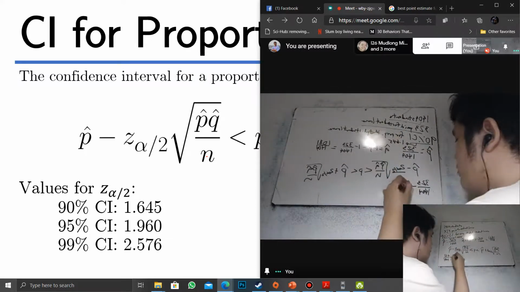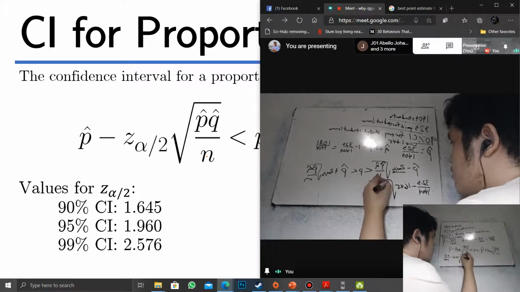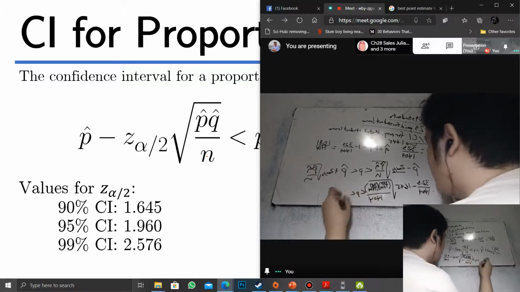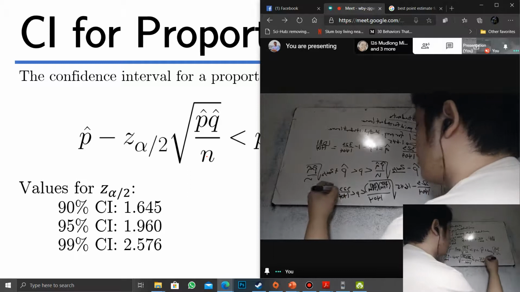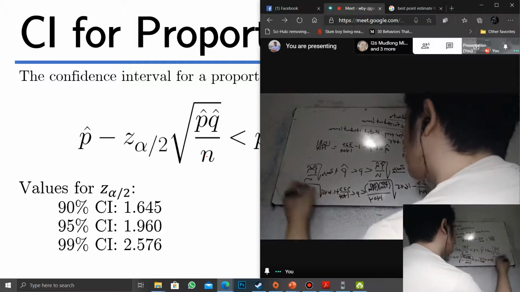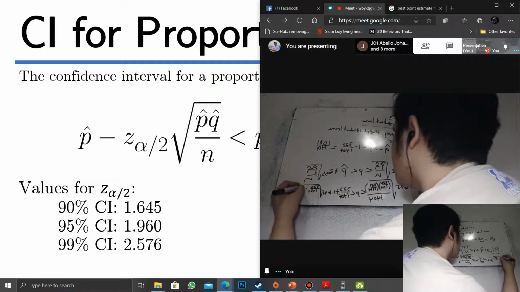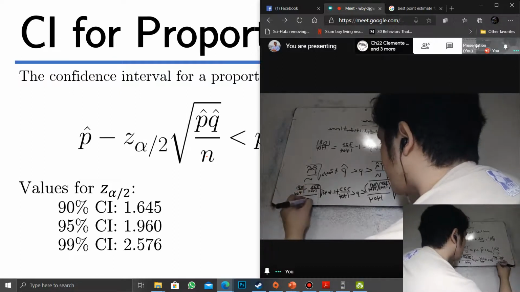1.645 square root ng 323 over 1404 times 1081 over 1404, less than p, less than p hat plus 1.645 square root ng 323 over 1404 times 1081 over 1404 all over n.